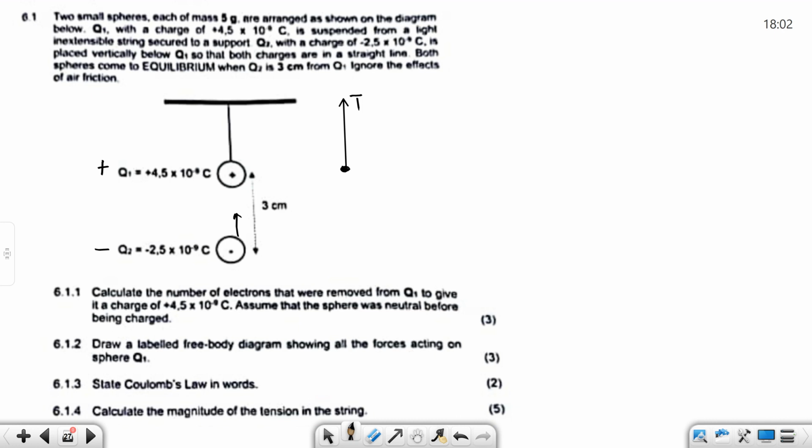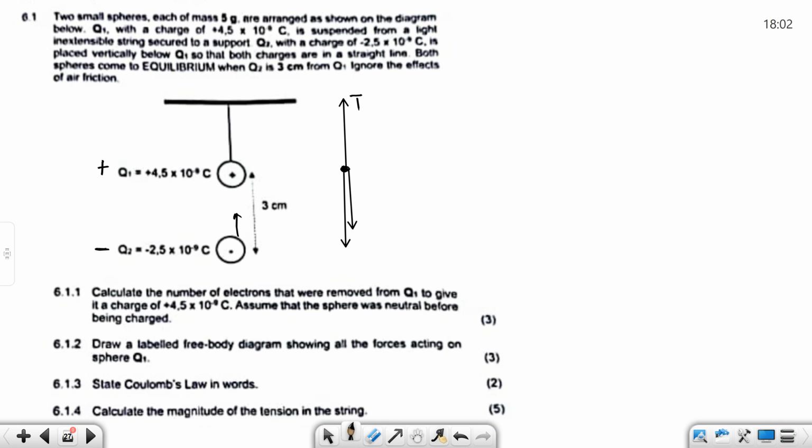Is that okay? Let's read. Calculate the magnitude of the tension. Beautiful. Which forces are acting on Q1? There are 2 forces. There is Fg and an electrostatic force.